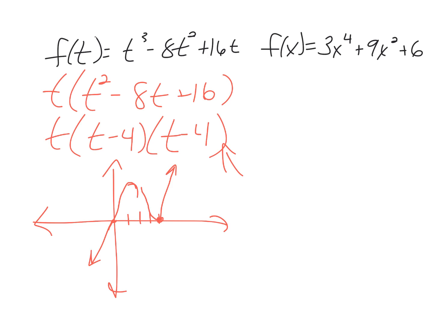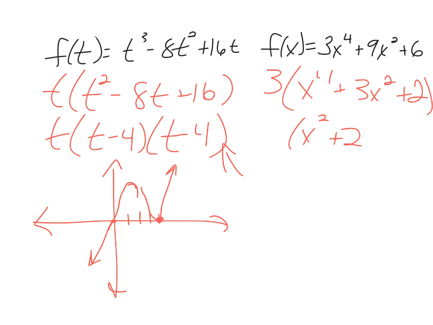Now for this one, I see a GCF of 3. I factor out the 3, and that leaves me with 3 times x squared plus 2 times x squared plus 1. Well, this is unfortunate. We're not going to have any x-intercepts because they're all going to be imaginary.